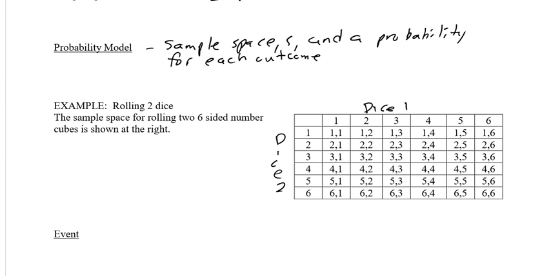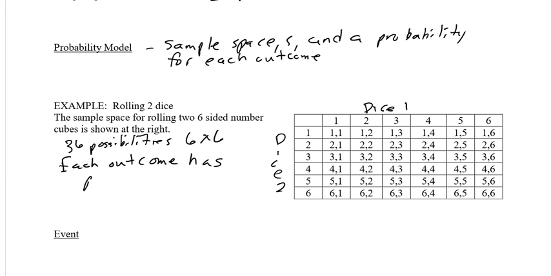So there are 36 possibilities. 6 times 6. 6 on one die and 6 on the other. So each outcome has probability 1 over 36.